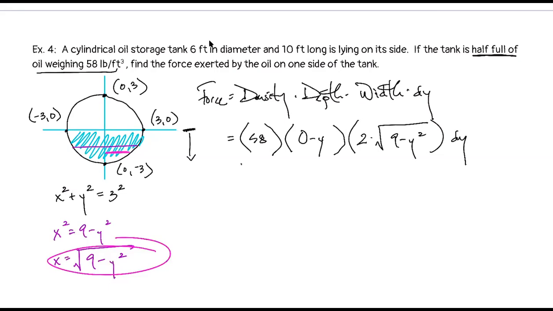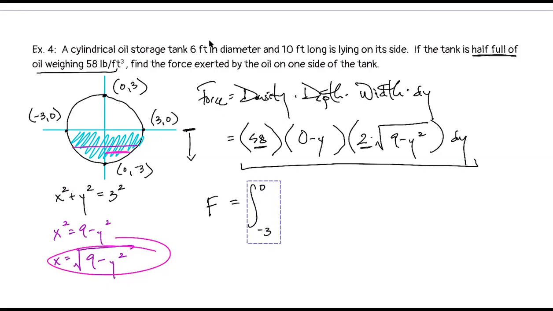So I think from here, we're ready to set up our integral. And so someone had already said that our integral would have bounds from -3 to 0, right? Because the bottom of the tank is -3, we go all the way up to 0. And we have our 58 and 2, that's a constant, so I can go ahead and bump those to the front.